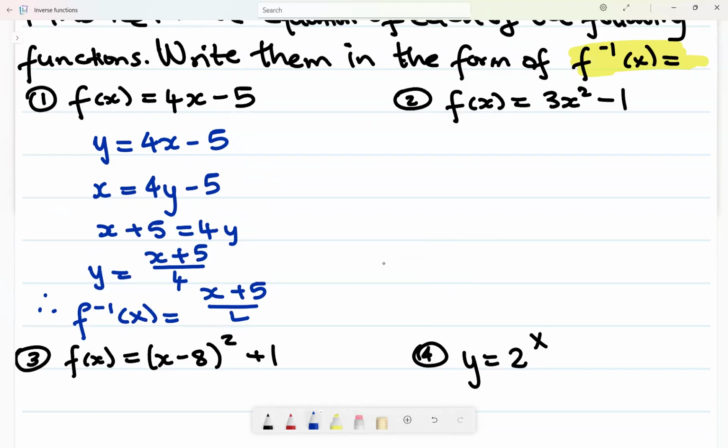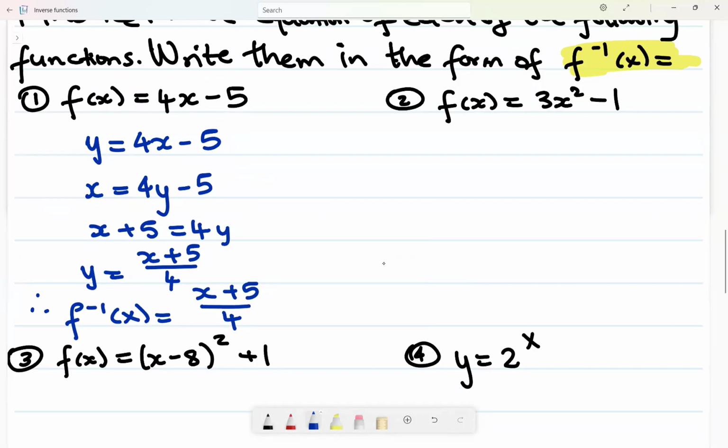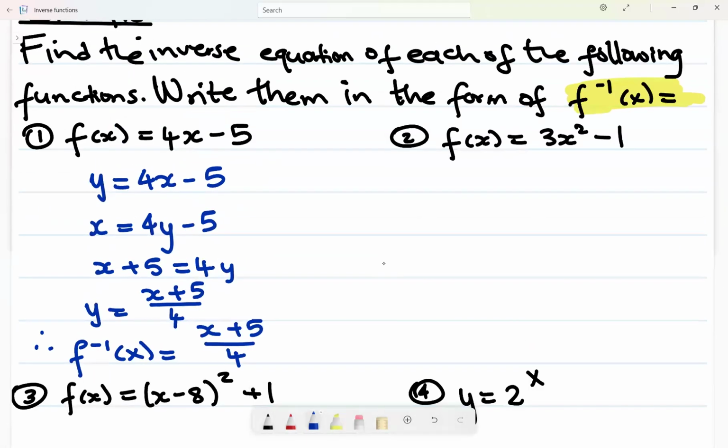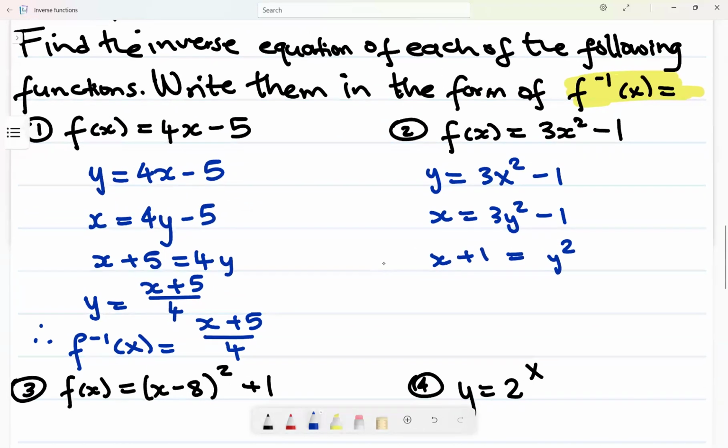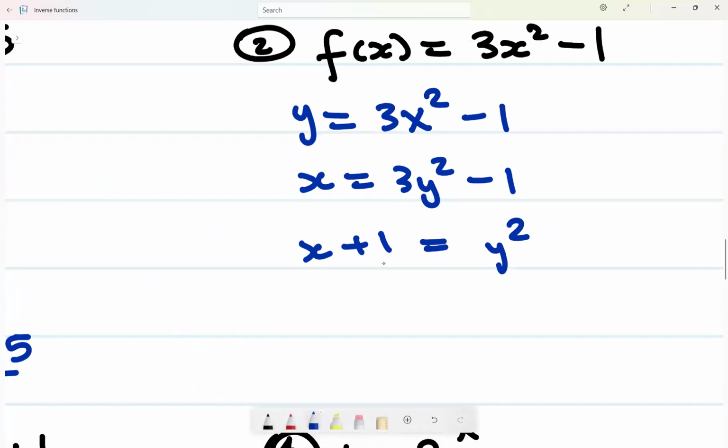Yes. On number 2, can you see now the momentum is rising? Just say, okay, y is equal to 3x squared minus 1, then swap x and y, then have x equals 3y squared minus 1. So x plus 1 is equal to 3y squared. People always make mistakes when they arrive here, and I always get angry.